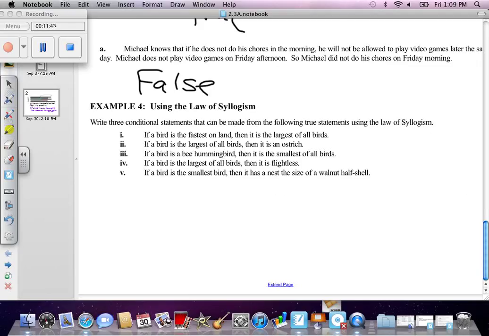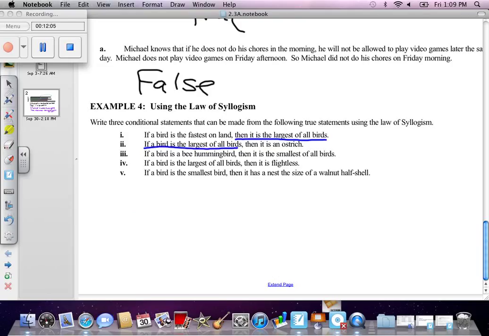We've got these lists of conditional statements, and we're going to make the law of syllogism through them. If a bird is the fastest on land, then it is the largest of all birds. If it is the largest of all birds, then it is an ostrich. Do you see how this conclusion matches this hypothesis? Yes.